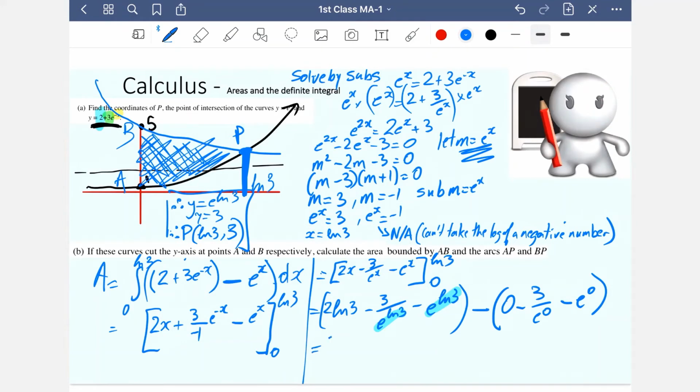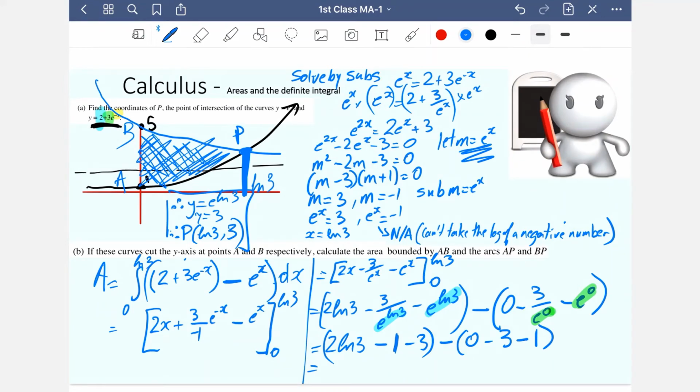So I've got 2 log of 3 minus 3 over 3, which is 1, minus 3, minus 0. e to the power of 0 is 1, so 3 over 1 is 3, and then minus 1.